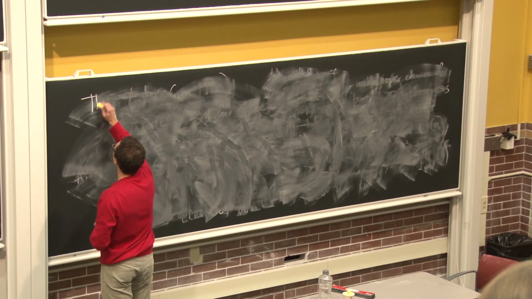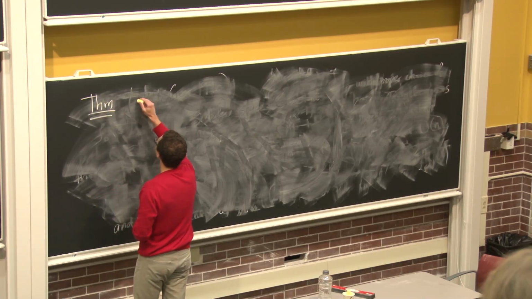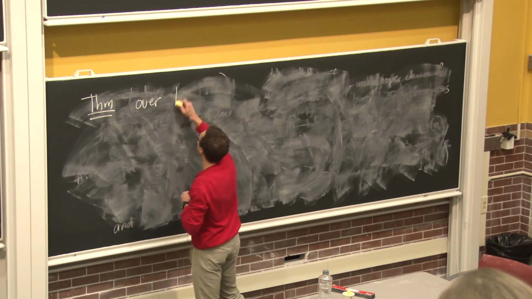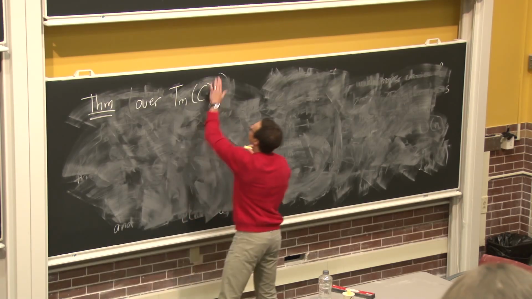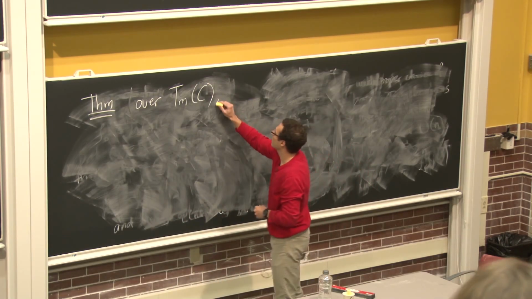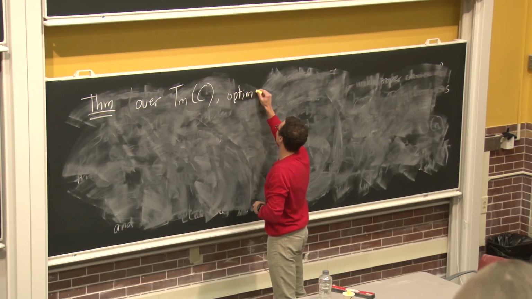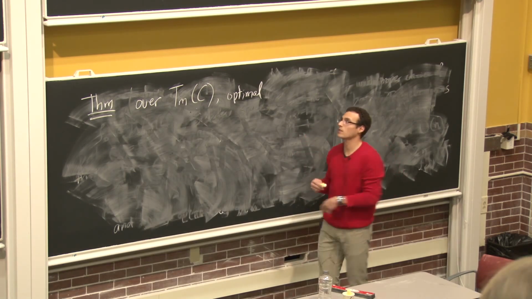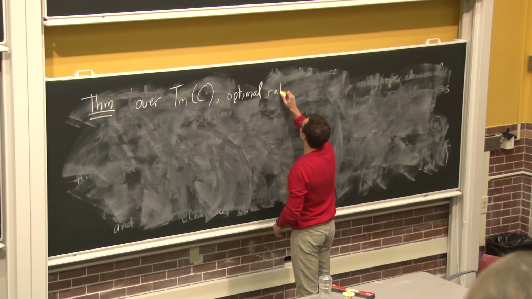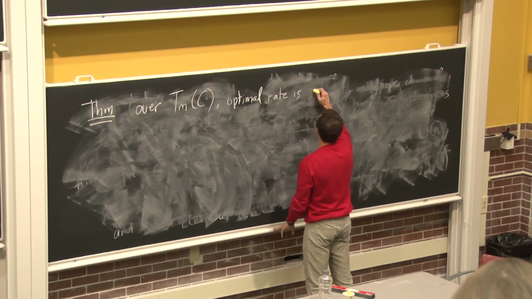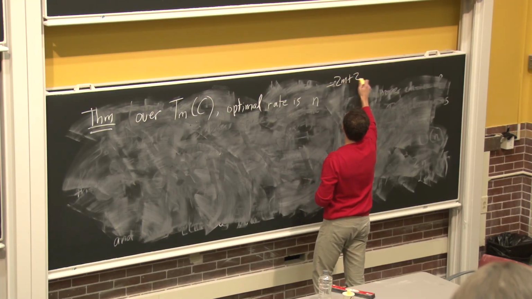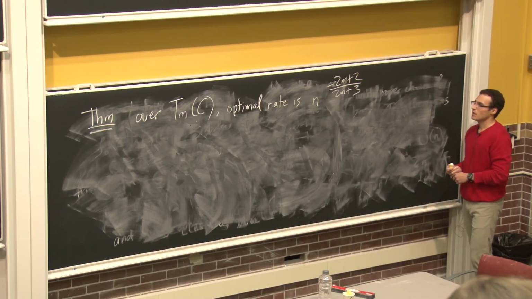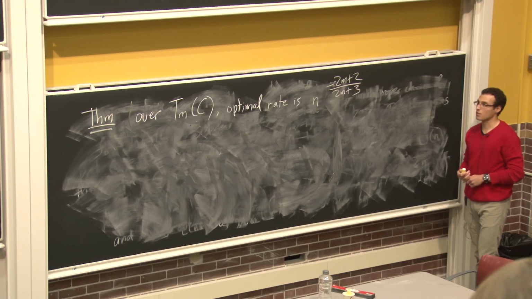So Donoho and Johnstone's theorem says that over this bigger function space, let's call it T_m(C), the optimal rate, so the best you can hope to estimate functions that live in this function space, so these can be of mixed smoothness, they can have spikes and stuff, the optimal rate is n to the minus, this is going to look a bit perplexing maybe, it's this rate, n to the minus (2m plus 2) over (2m plus 3).